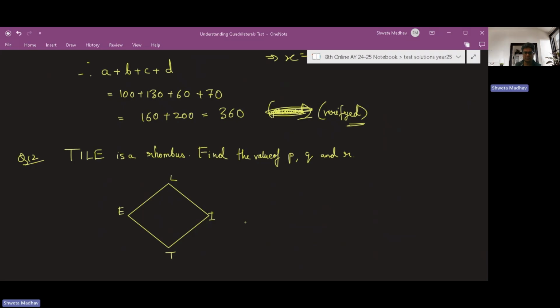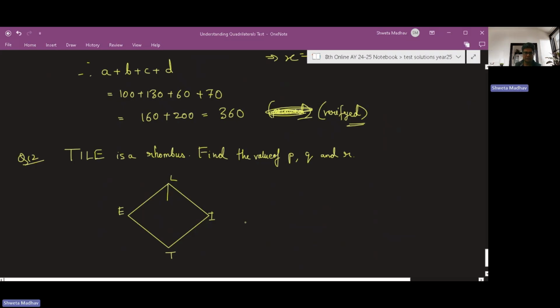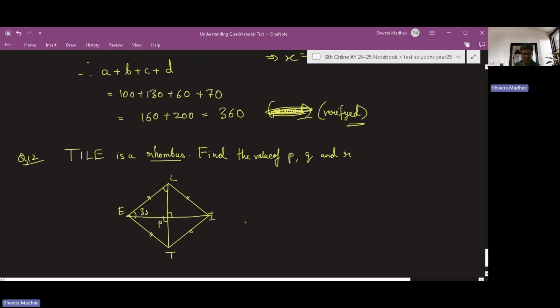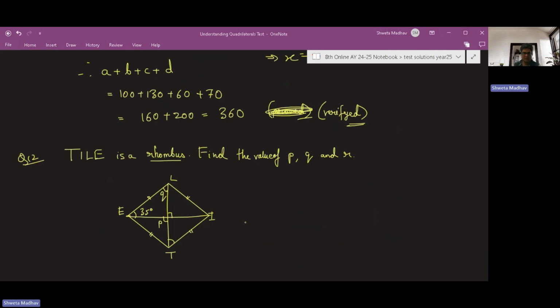Then the diagonals are being drawn. So this is angle P. This is 90 degrees, since you know that the diagonals bisect at right angles in a rhombus, and all the side lengths will be equal. This angle has been told as 35 degrees. This angle is told as Q. Find the values of P, Q, and this is angle R.